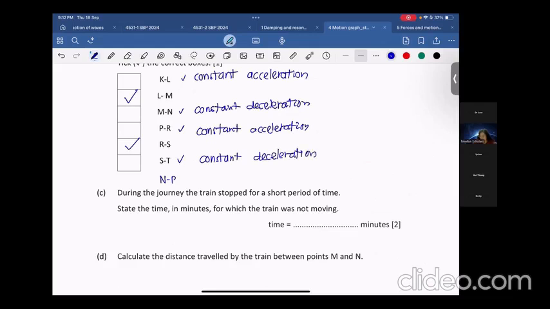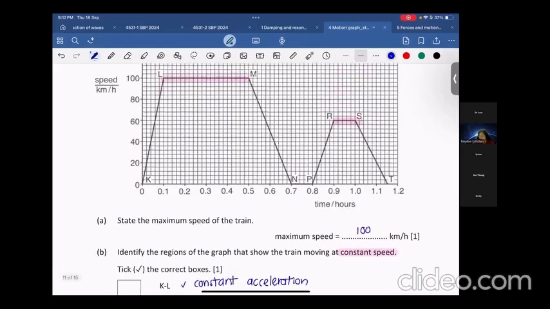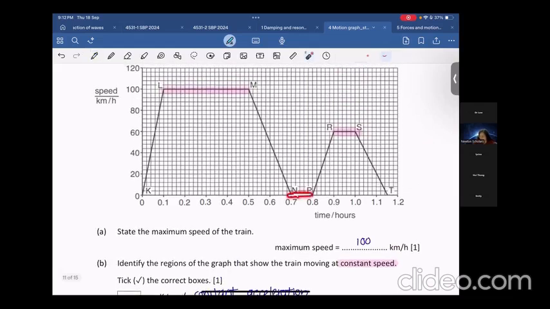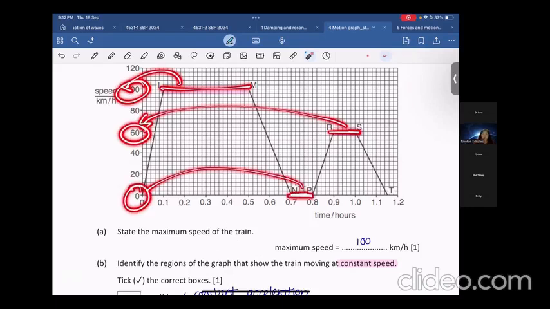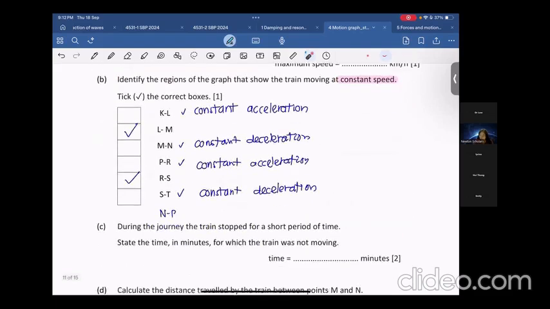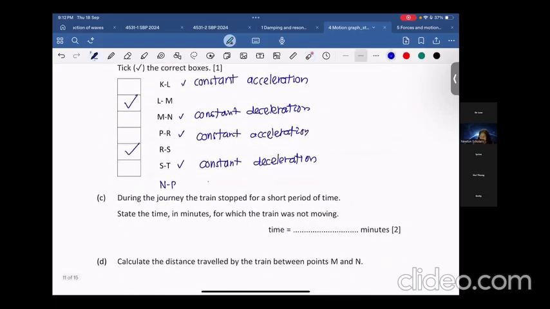I add one more MP because you guys will make mistake for this part. This part and here, they are horizontal, but actually it's different thing. This one horizontal with speed, so it's constant speed. But this one horizontal without speed, so this is at rest, object at rest. So this one you write at rest.